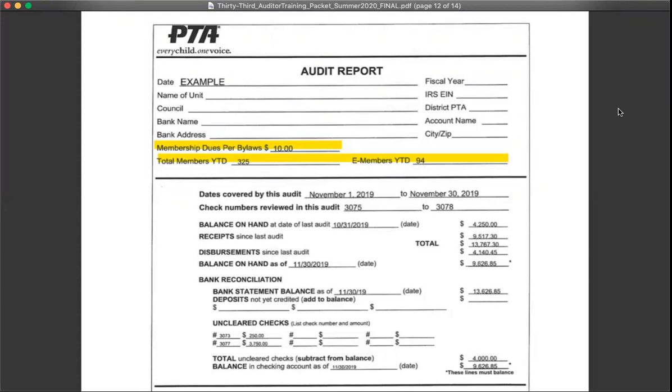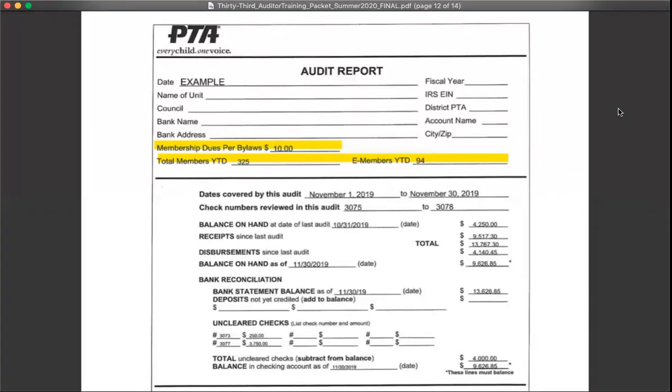It should be the same. E-memberships, they're very big into total, but I believe this would be any membership. So you may have memberships processed through Square also, or some other payment processors, so I would include all membership year to date in that particular number. And I would say the number of e-memberships is included in total memberships year to date.